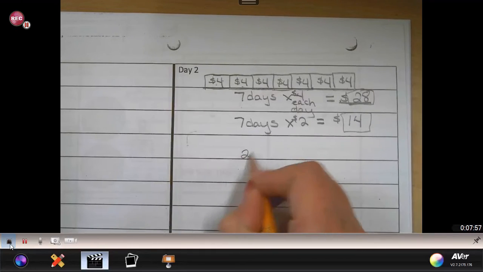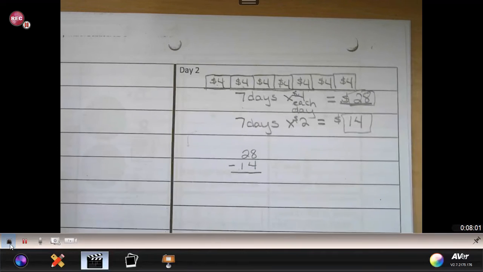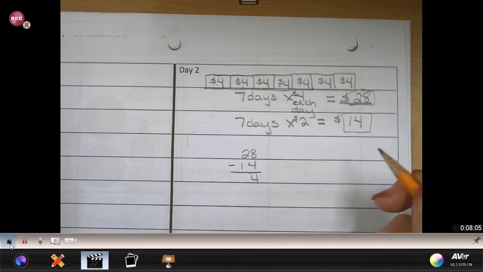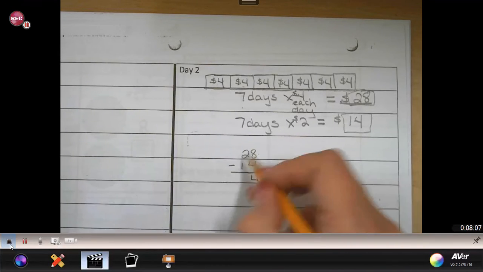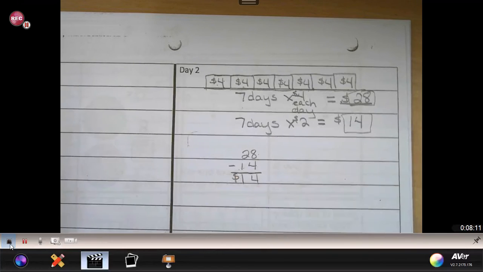So if I have 28 minus 14, I'm going to say 8 minus 4 is 4. And 20 minus 10 is 10, so 14. So really and truly, he's only getting half of his money, right?